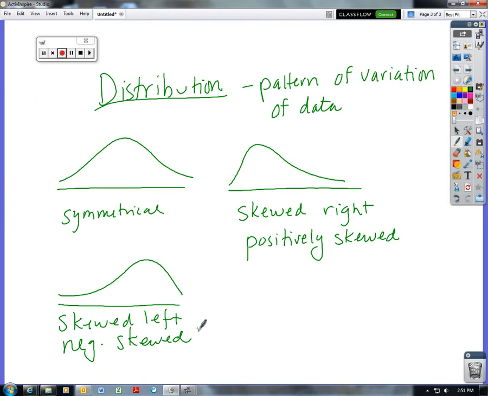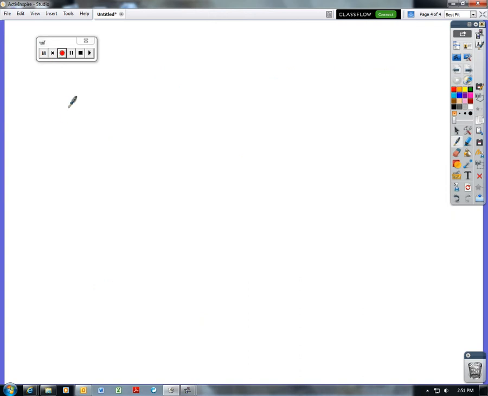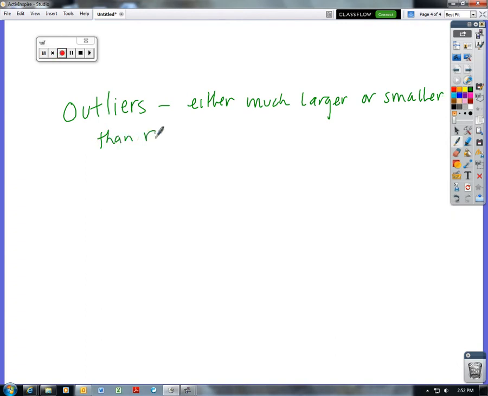And then the final definition is an outlier. Like it sounds, they're outside. They're kind of like outcasts. They're different than the group. So they're either much larger or much smaller than the rest of the data.